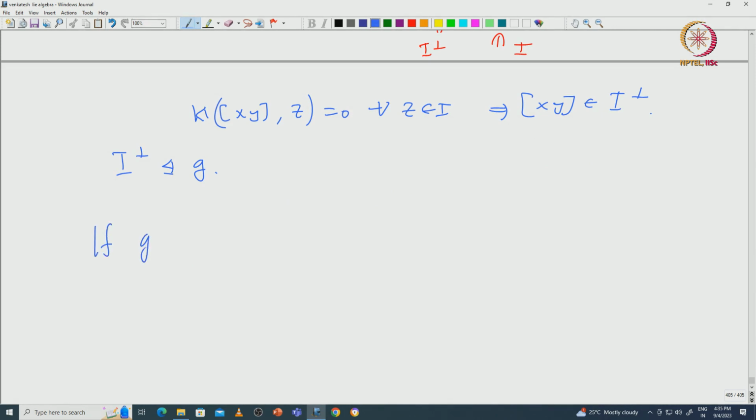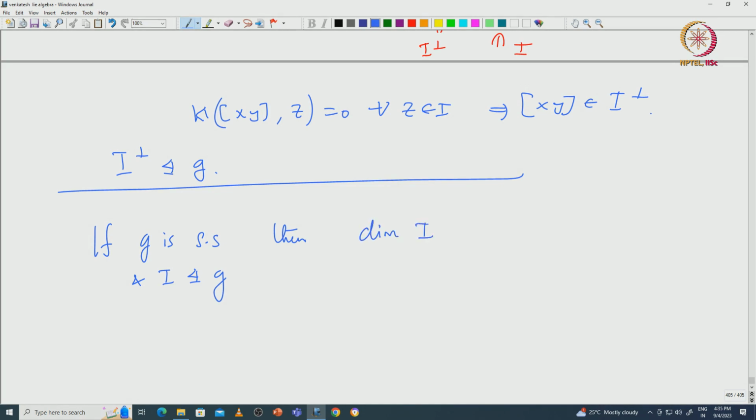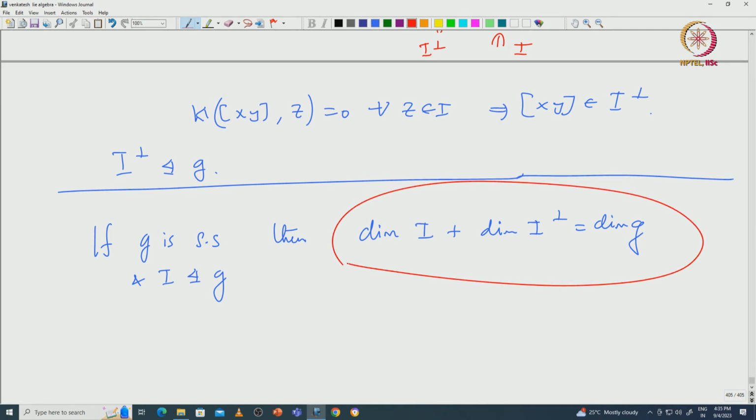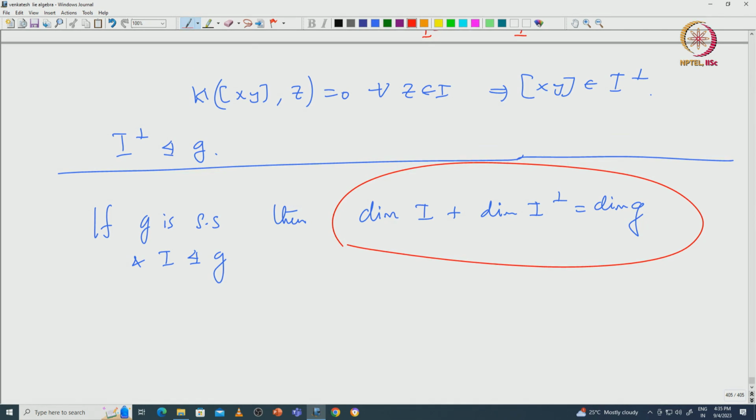So, if G is semi-simple and I is an ideal inside G, since kappa is non-degenerate, we immediately have that the dimension of I plus the dimension of I perp is equal to the dimension of G. This is immediate from kappa being non-degenerate.